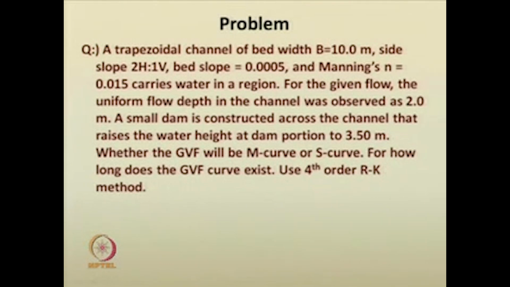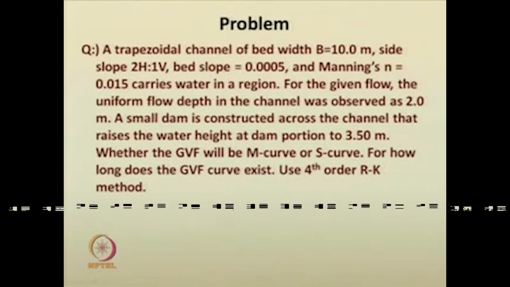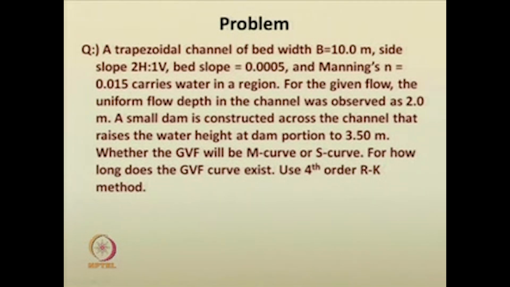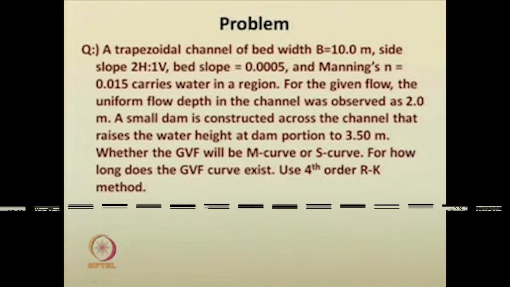So, the problem I am just going to dictate it here, it is given in the screen. A trapezoidal channel of bed width b is equal to 10 meter, side slope 2 horizontal to 1 vertical, bed slope 0.0005 and Manning's roughness coefficient 0.015 carries water in a region.